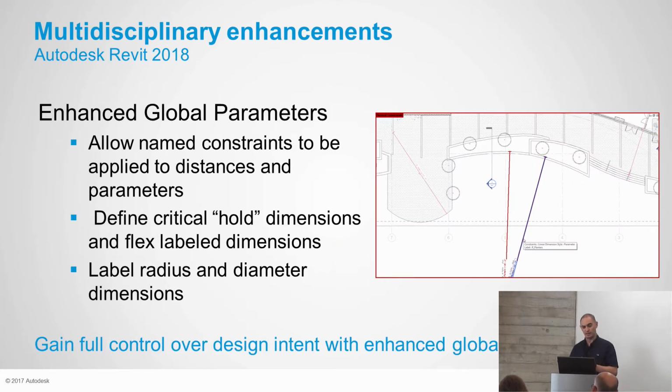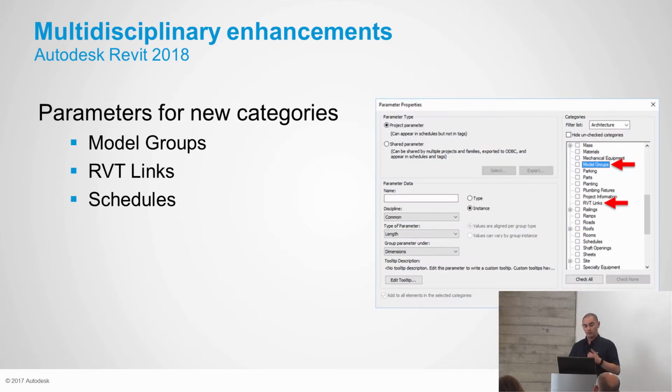There are some enhancements on the global parameters. It allows names constraints to be applied to distances and parameters, define critical hole dimensions and flex label dimensions, and now you can label radius and diameter dimensions, which you could not previously. You can create new parameters for new categories such as model groups and Revit links.